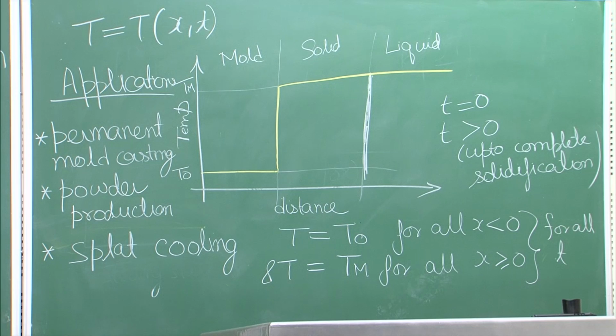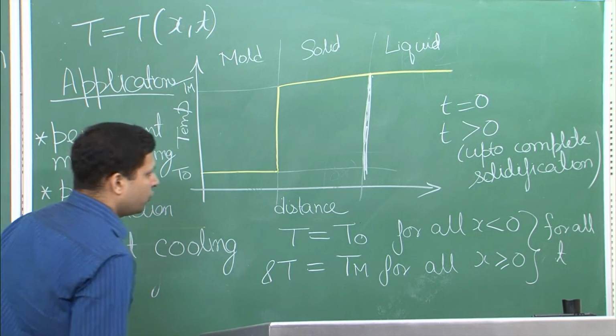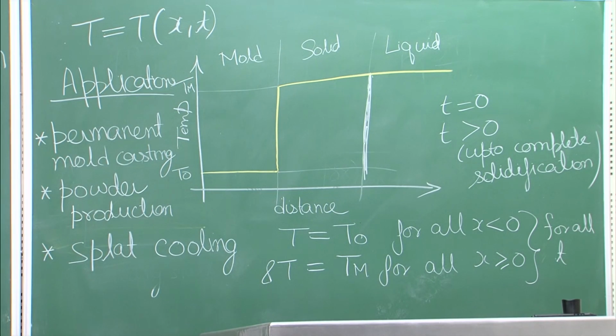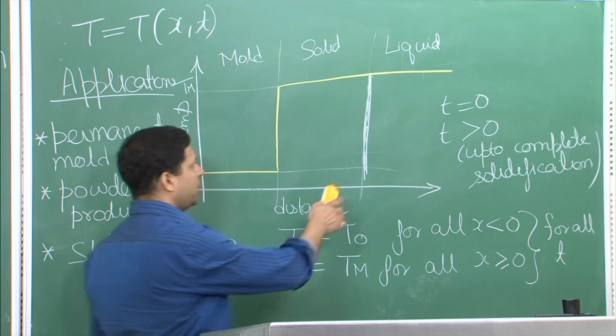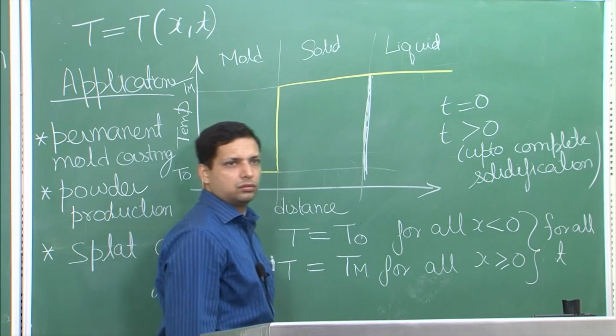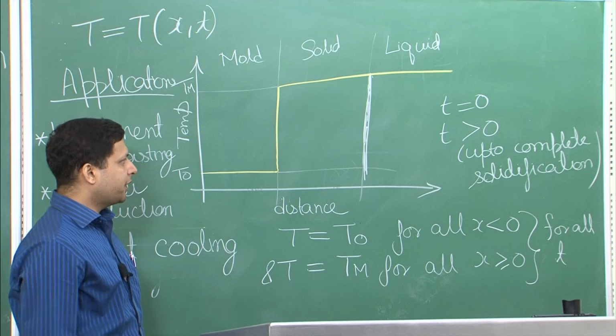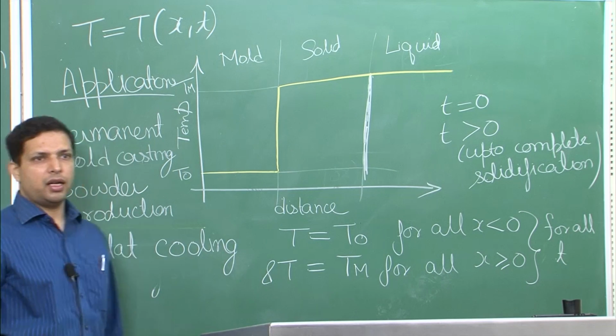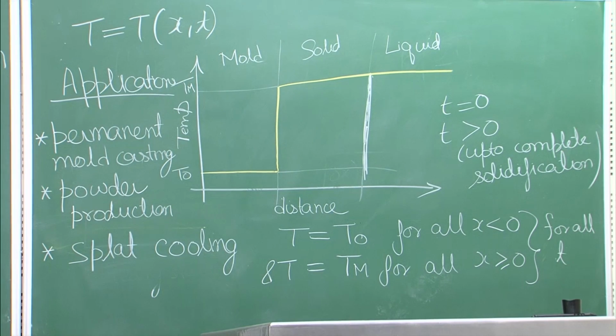Now all this we have discussed, we have always taken liquid to be equal to the melting point. Now it is time that we understand and look into this parameter. These are the two important solidification simplifications. One is the insulating mold, the other is the interface resistance dominated solidification.